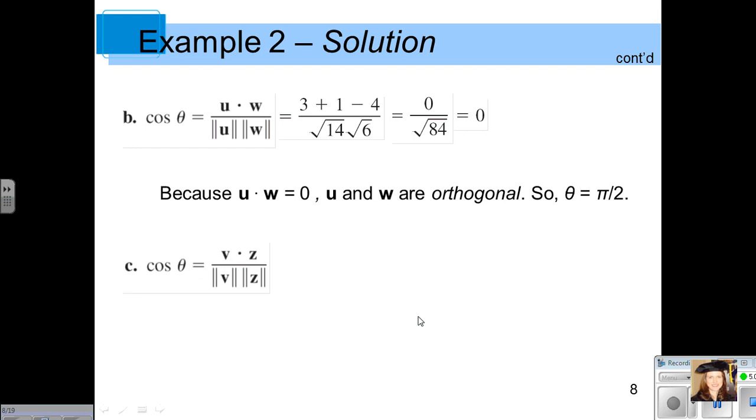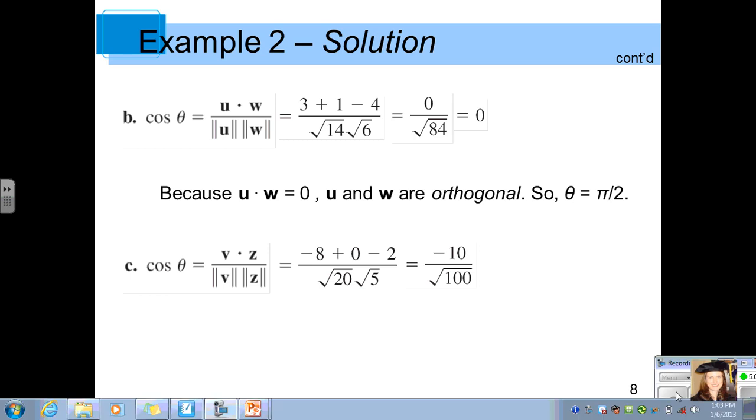For part C, we want to find the angle between v and z. Do the dot product of v and z divided by the magnitudes. So we see that the dot product is negative 10 divided by the square root of 100.